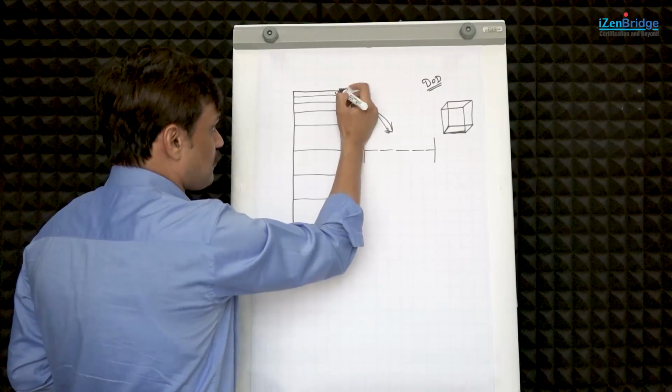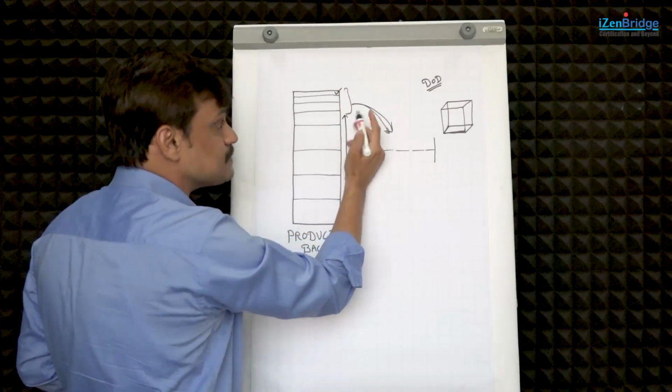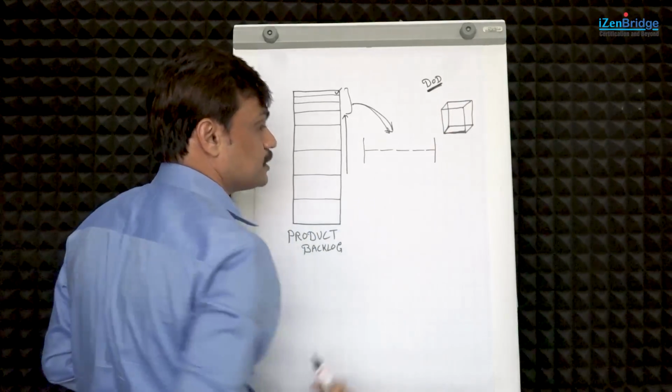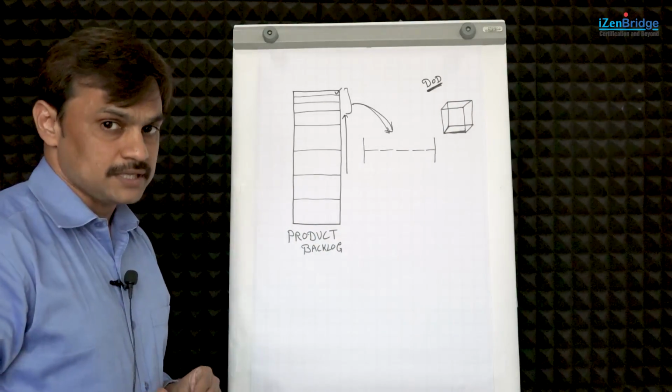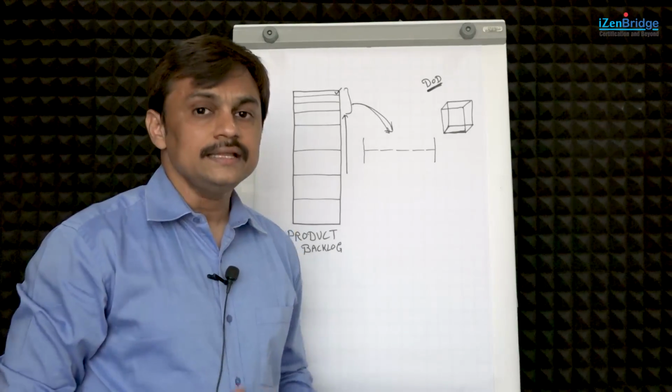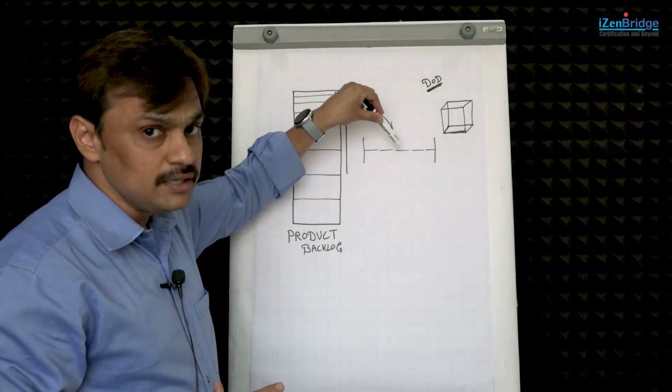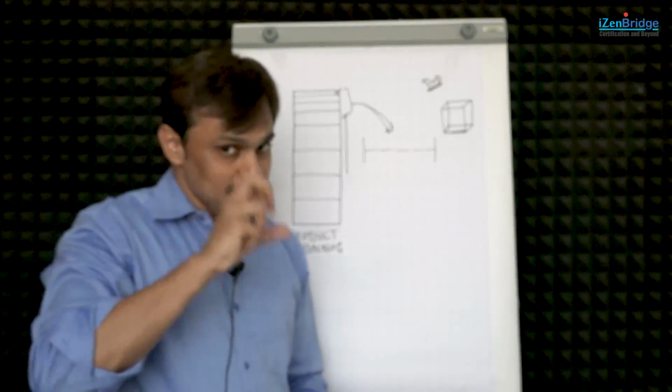Now, in order to define whether these items are really complete, we have something called the definition of done. The definition of done helps us in understanding the completeness of all the items worked in a given iteration. Now, there is a confusion.